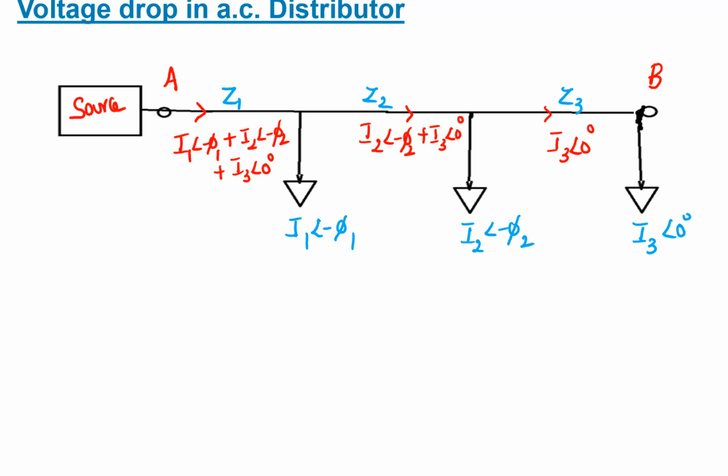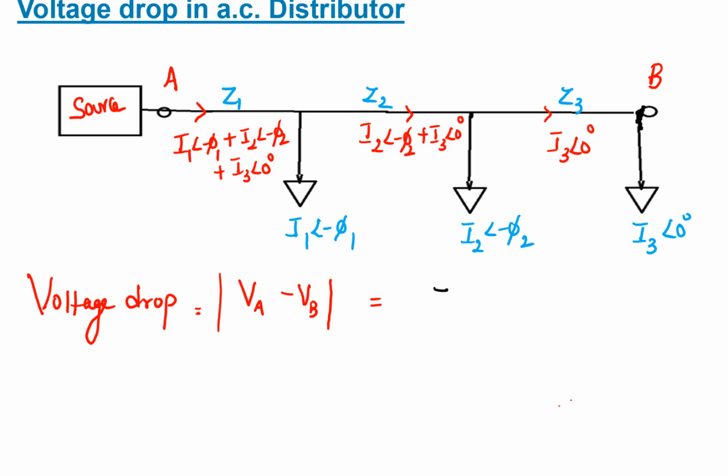Now the voltage drop in the distributor is how much? Voltage drop is equal to VA minus VB. What is this voltage drop?